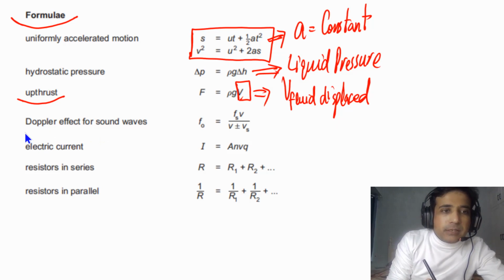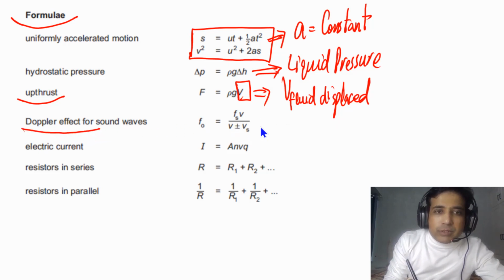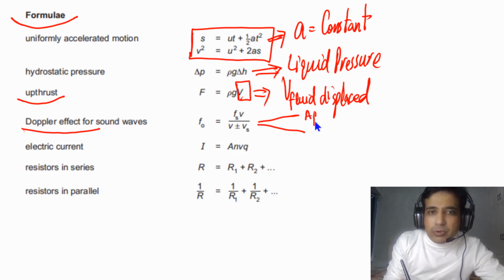The next one is for the Doppler effect. So this sign is very important. You can use this one when the source is approaching. You can also use this one when the source is moving away and the observer is at rest.